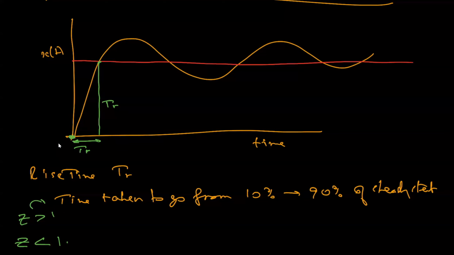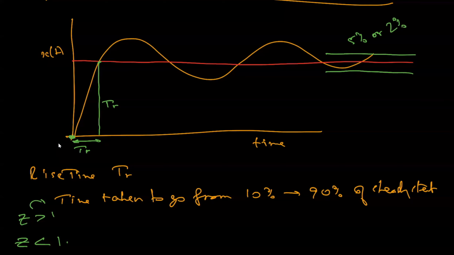The other one is we still have a settling time. So we had a settling time for the first order one, and you can either talk about 5% or 2% settling time. That's basically the time it takes to get within a certain percentage of the steady state. So it can be 5% or 2%, depending on how stringent you want to be.